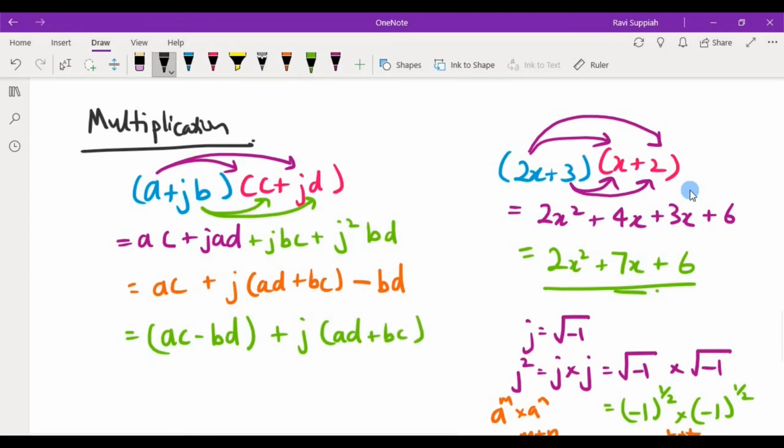So what we have now is this representing the real part and this representing the imaginary part. Okay, so after you do the multiplication, you will arrive at a final answer that consists of a real part and an imaginary part here. Now let's try it out, okay, and see how it works.